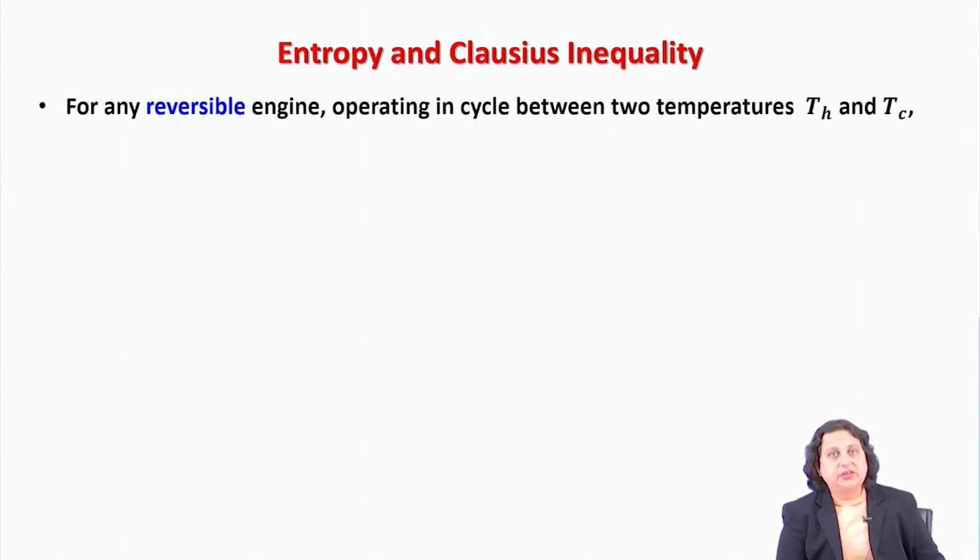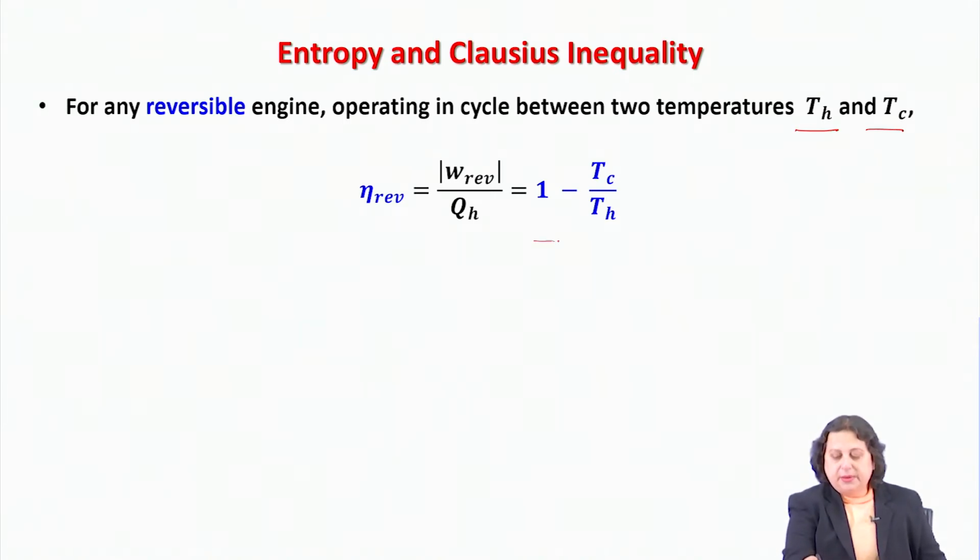Now, for any reversible engine operating in a cycle between two temperatures Th and Tc, where Th is greater than Tc, I know that the efficiency of the reversible engine is given by 1 minus Tc by Th.